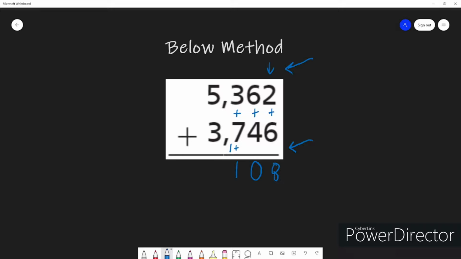We have a remainder of 10, seeing as that would be moved over to the thousands position, and we'll go ahead and keep it right below the equation line. And wrapping up the equation, you have 5 plus 3, which is 8, plus 1, which is 9, leaving us with the same answer we had in the above method, 9,108.